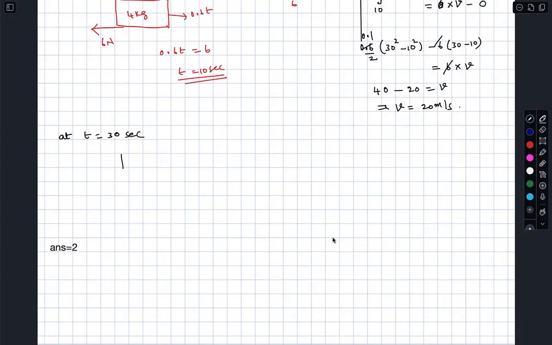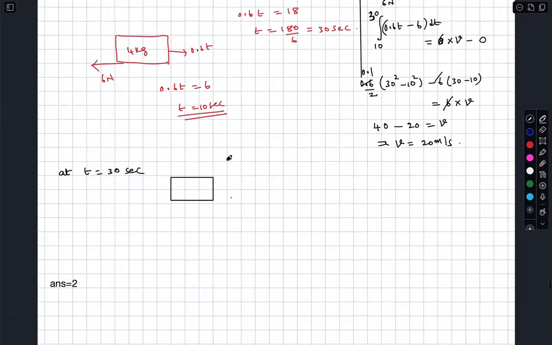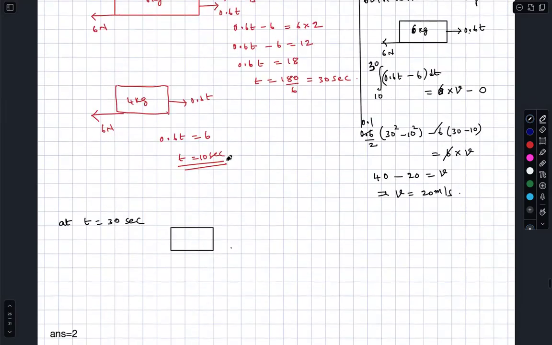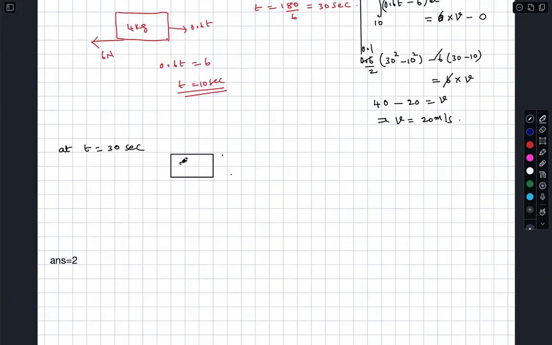Right, right. Look, at t equals 30 seconds, the 2 kg block is at that instant moving with a velocity of 20 meters per second.